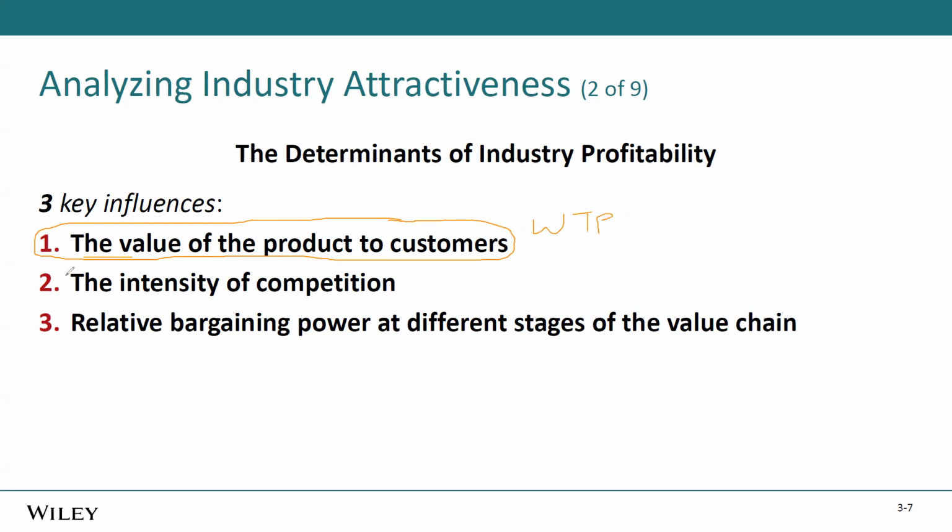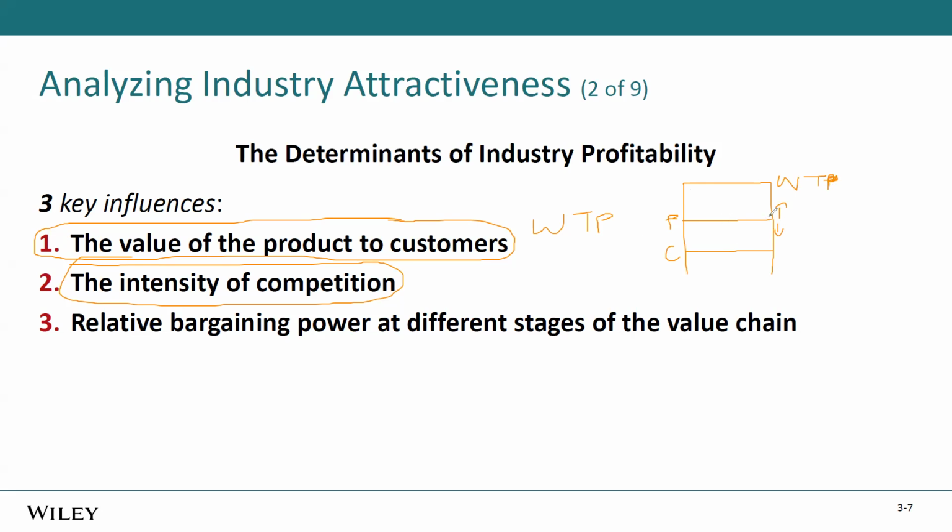The next thing is, how intense is the competition? Given that we're creating some willingness to pay and some value for our customers, what is competition doing to the price we can charge? If we have our willingness to pay up here and our cost here, the intensity of the competition is going to impact which way this price moves. We'll put price and cost here. Given that we've created this willingness to pay, the competition determines how much of a price we can charge.